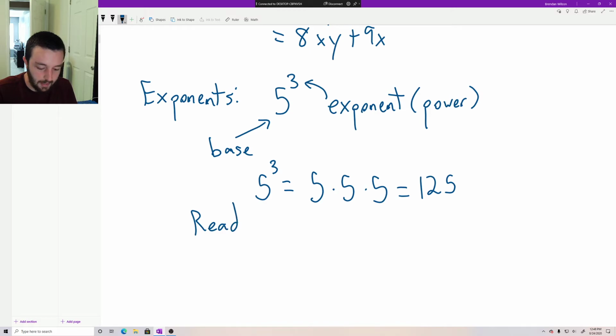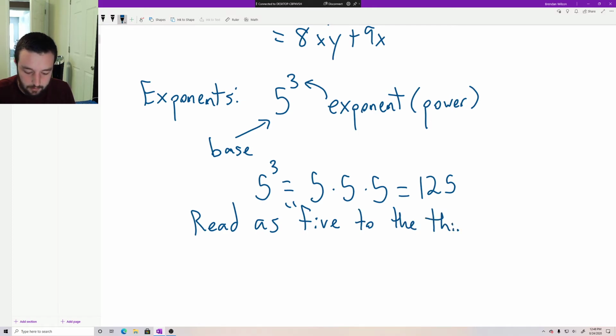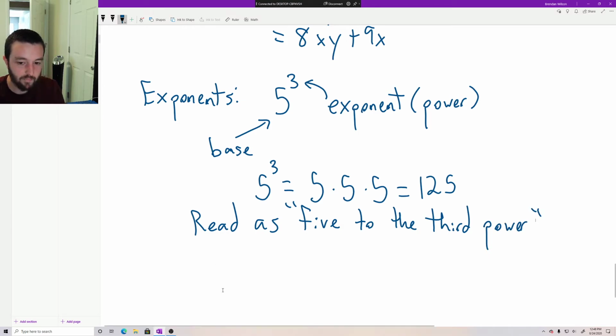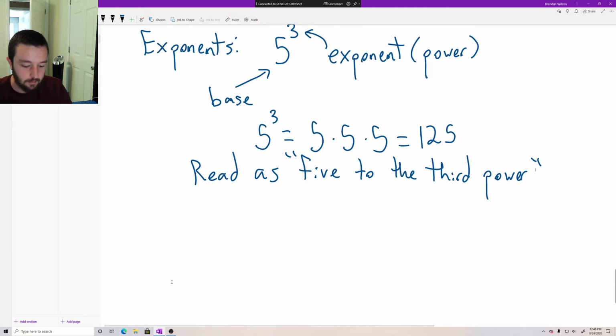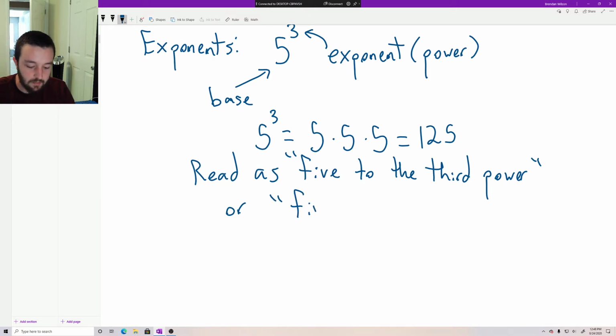So we would read this as 5 to the third power. Okay. Or with 3 in particular, we could read this as 5 cubed.